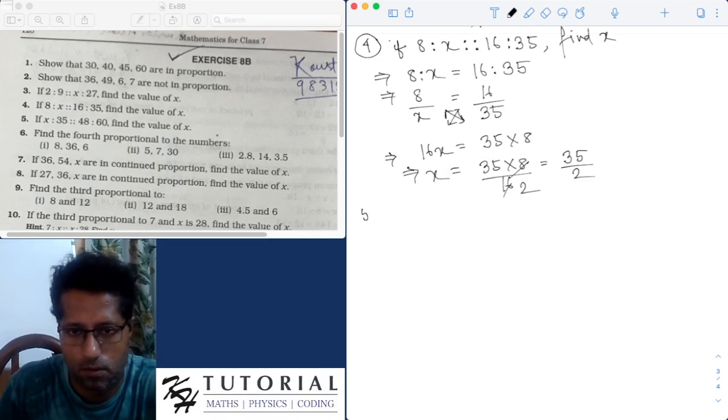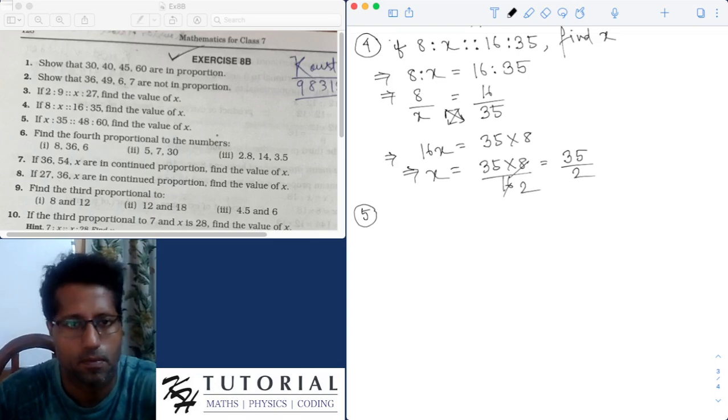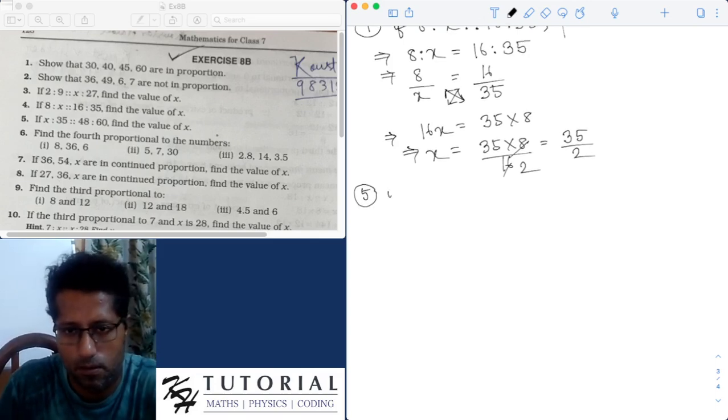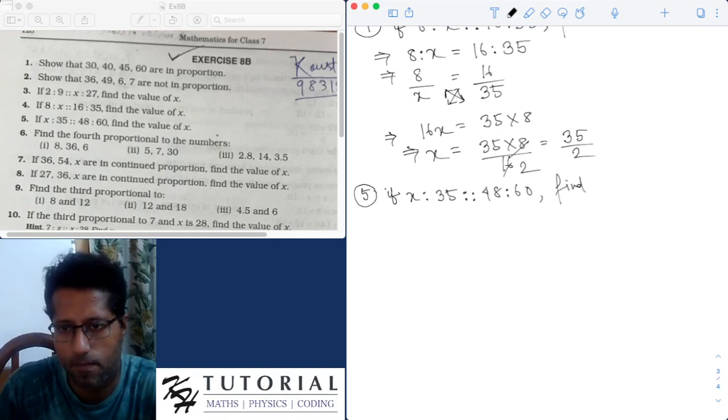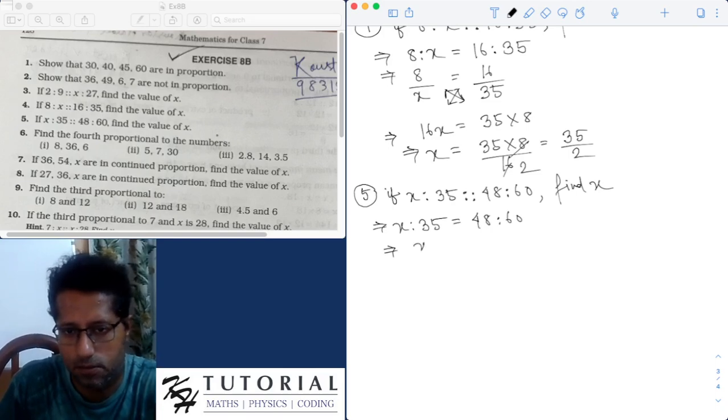Now question number 5. It's similar. If it is given x is to 35 is equal to 48 is to 60, then find x. So from the given fact we can say that x is to 35 is equal to 48 is to 60. This implies x by 35 equals 48 by 60.